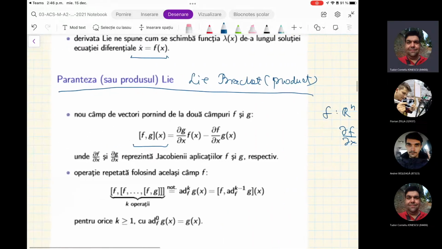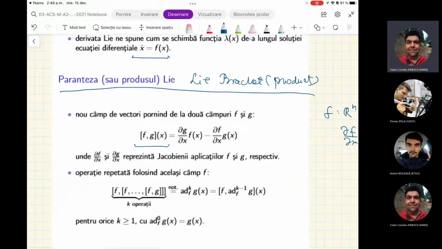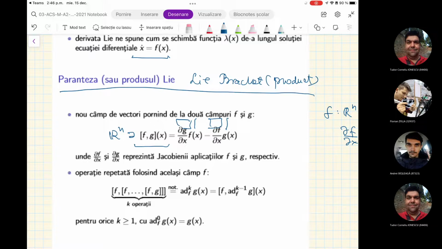Okay? So this is a matrix. So essentially this belongs to Rn once again, because this is Jacobian times a vector minus Jacobian times a vector. So matrix vector, matrix vector. When you do the multiplications, you get vectors. You can repeat this just like any product.